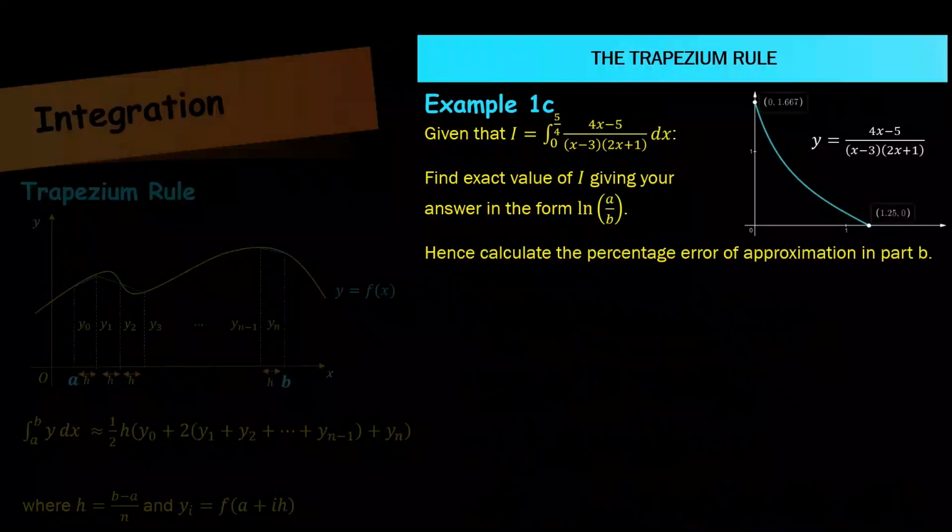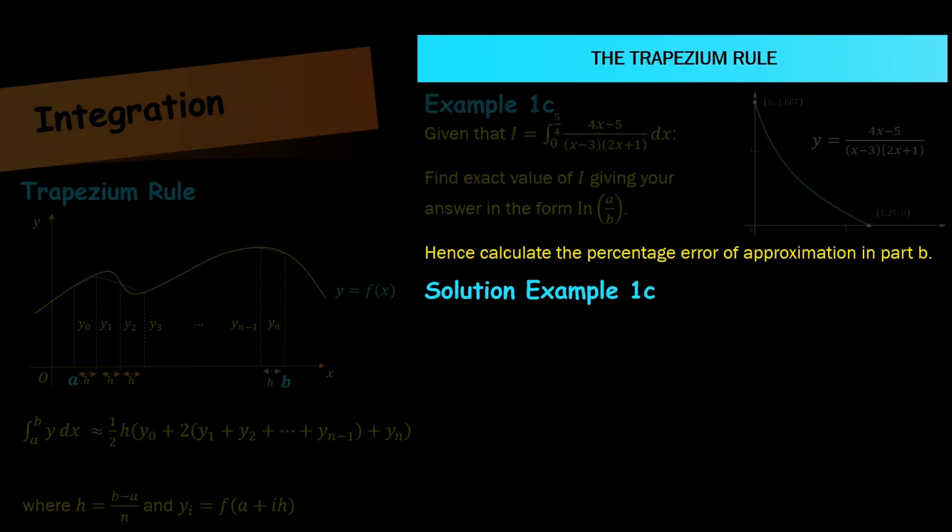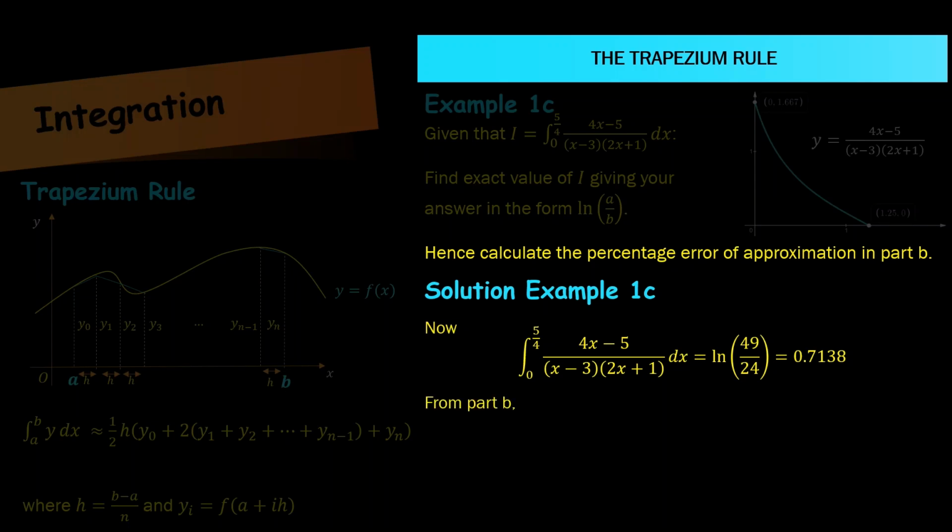Now let's calculate the percentage error of the approximation in part B. We have the exact value of the integral, which is ln of 49 over 24, which is equal to 0.7138 to 4 decimal places. And from part B, we have our approximation, which is 0.7313.